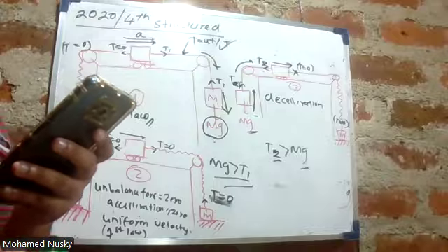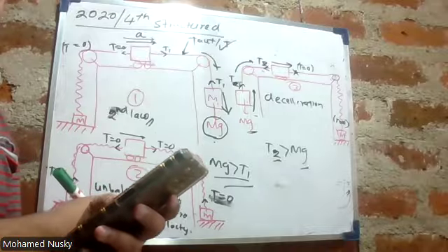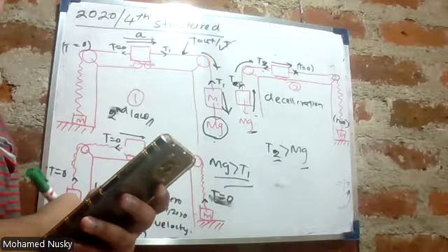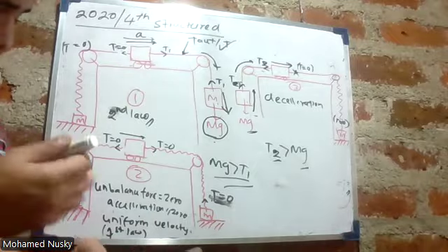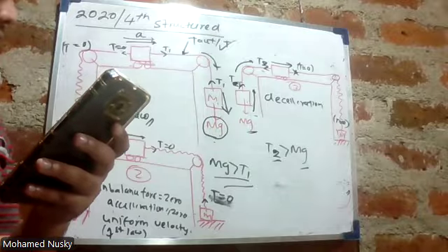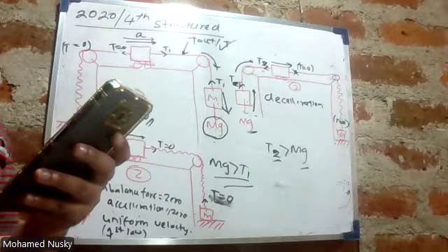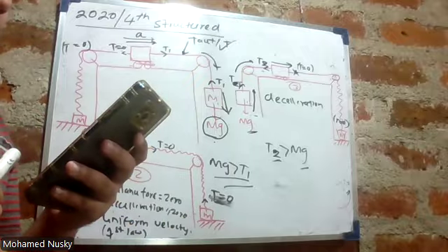In the second instance, the trolley is moving with uniform velocity. And what is the law applied? Newton's first law is applied.